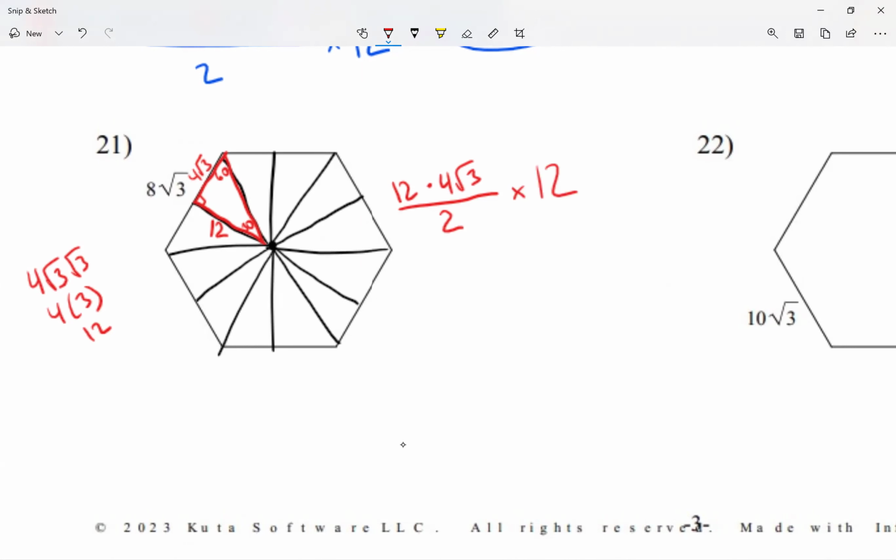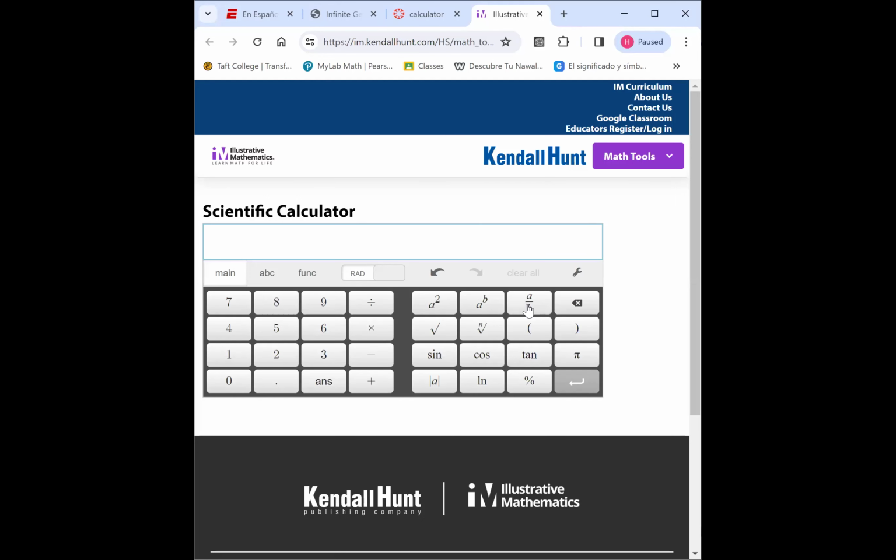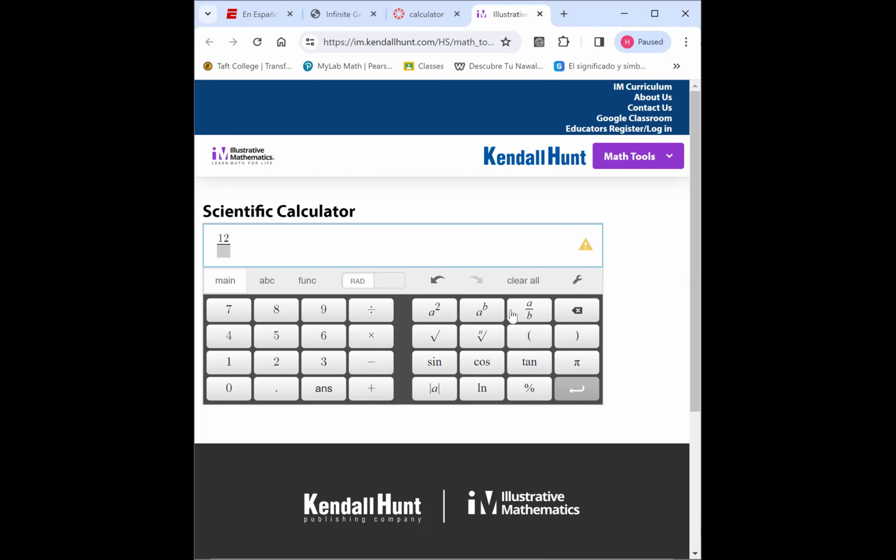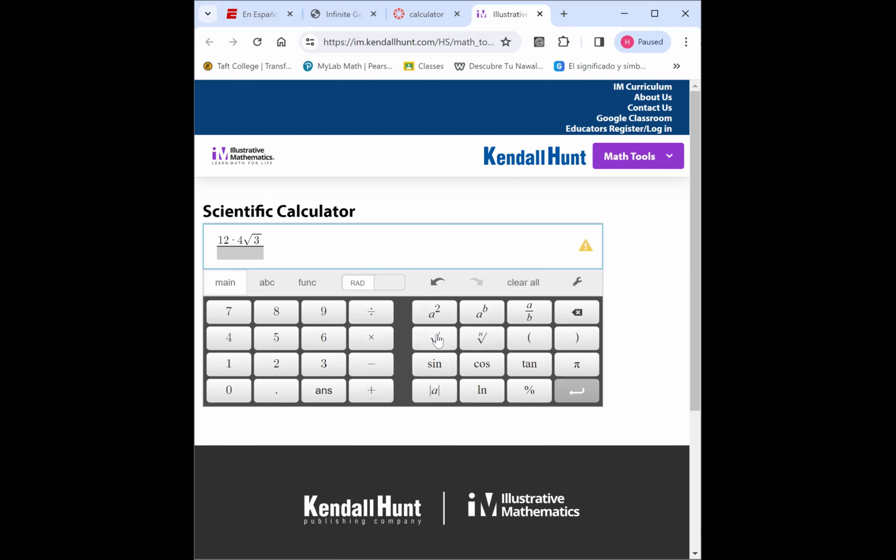So now that I know what I'm going to type, let me go to my calculator here. I got 12 times 4 square root of 3, all divided by 2, and then times 12. And it gives me 498.8.